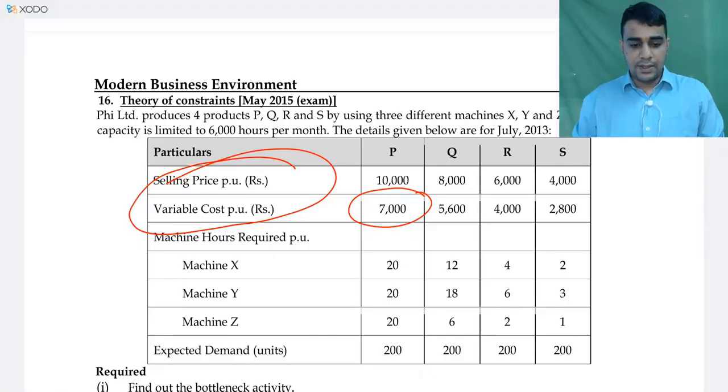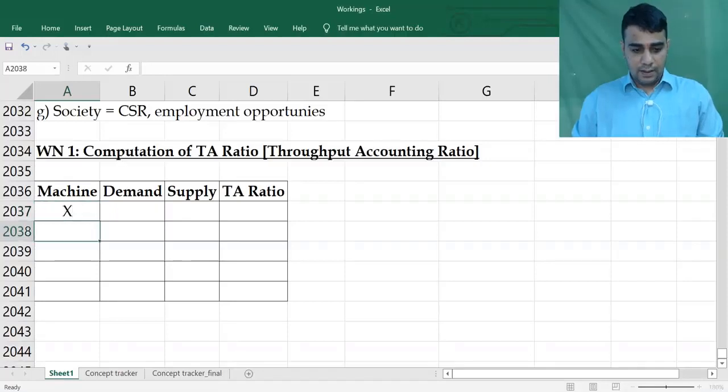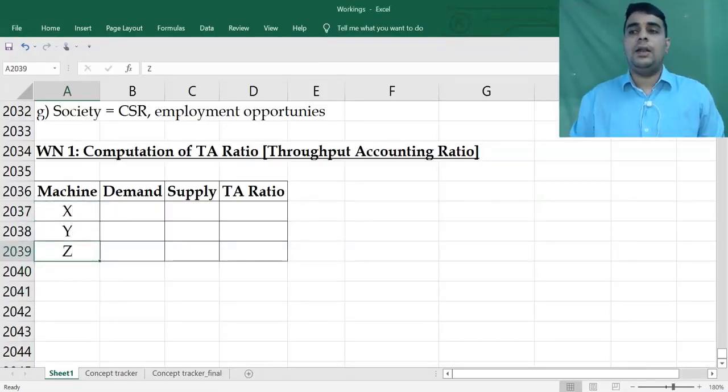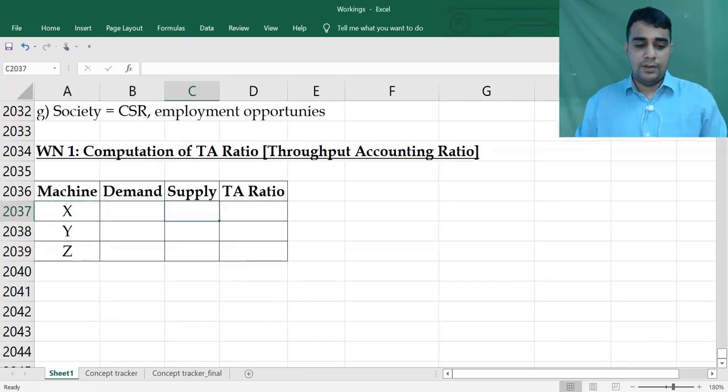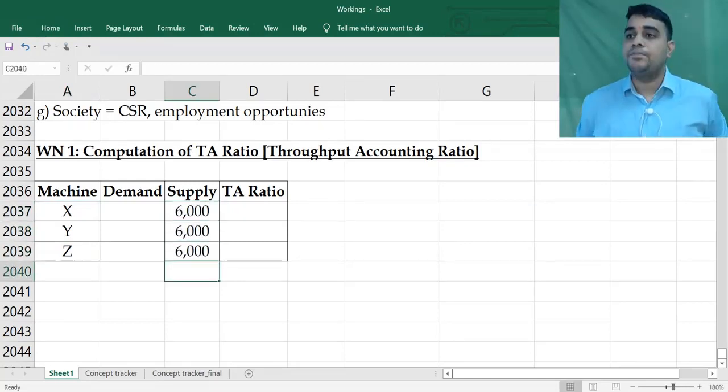There are 3 machineries, X, Y and Z. These are potential bottleneck activities. What is the capacity limited to? 6,000 hours for each machine, that is the supply.